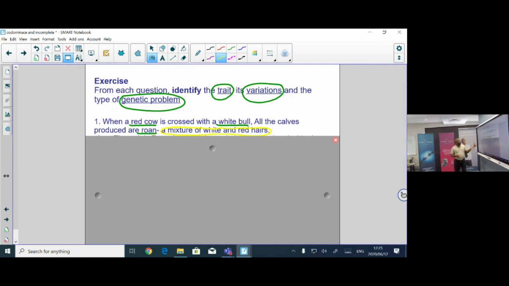So in this case, both white and red have an effect on the outcome, on the offspring. So grade 12s, what is the trait here? What are the variations and the problem?